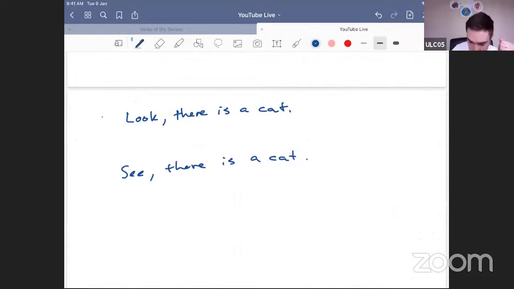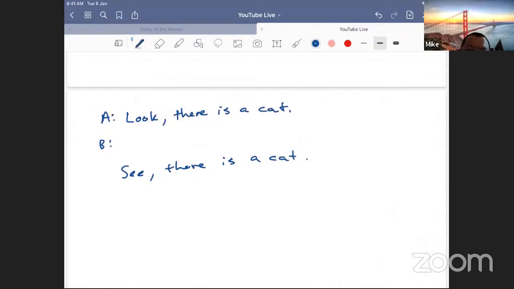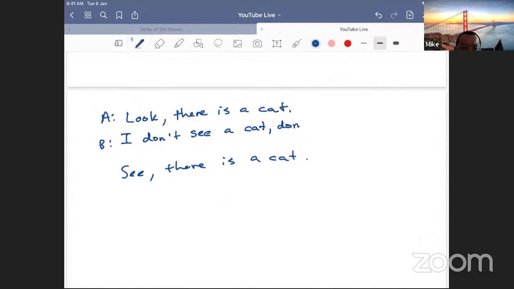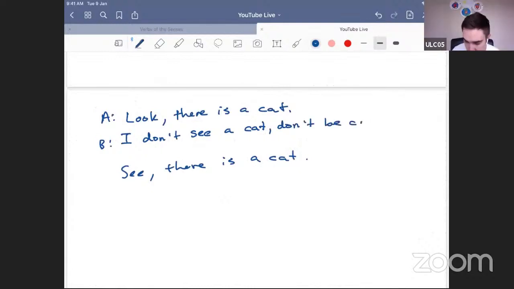So maybe A says, look, there is a cat. Look is an imperative. I'm telling you, turn your eyes this direction. Hey, look, there's a cat. And B says, I don't see a cat. Don't be crazy.